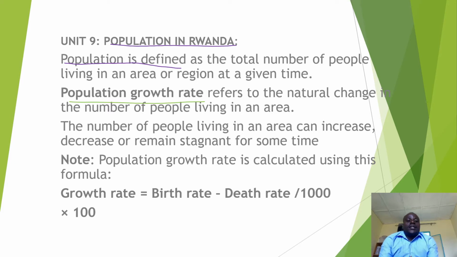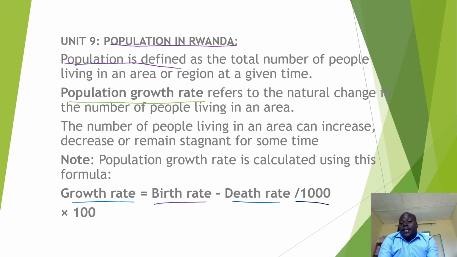We believe population increases, population reduces, and at the same time, population might remain the same. How do we calculate population growth rate? We get the birth rate minus death rate over 1,000 times 100.